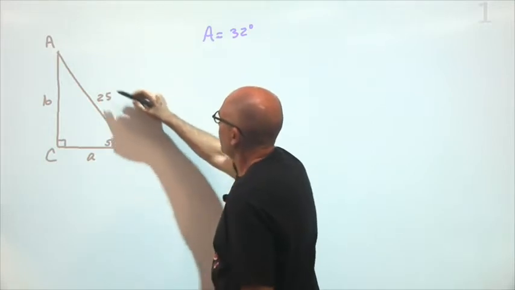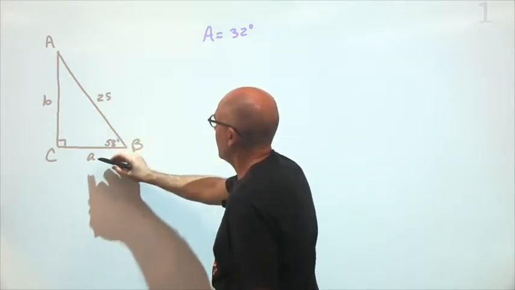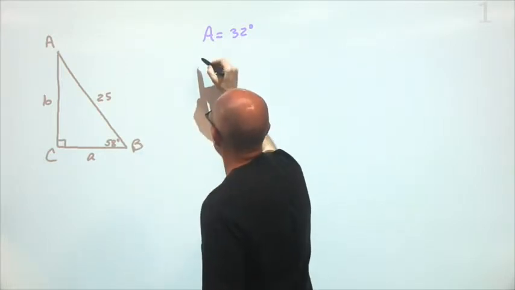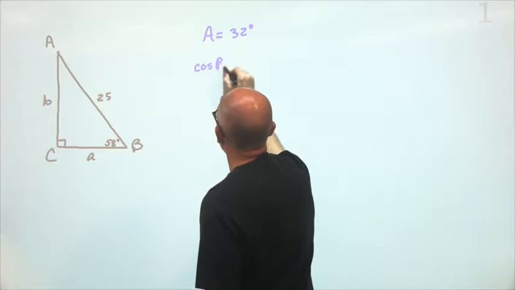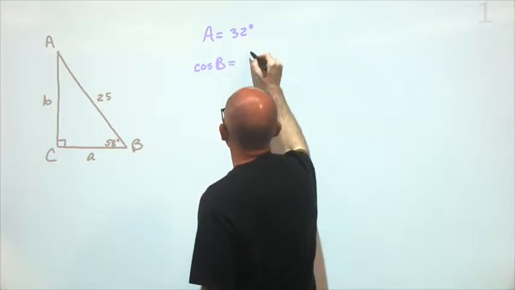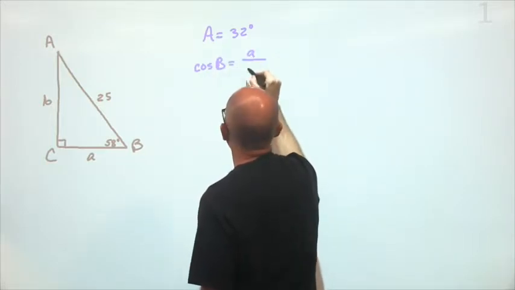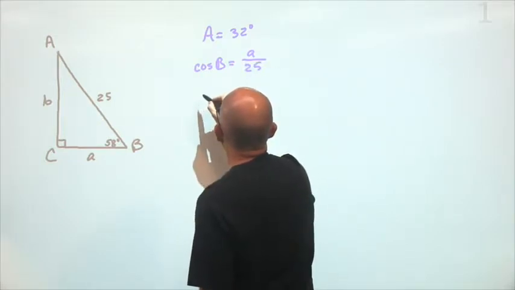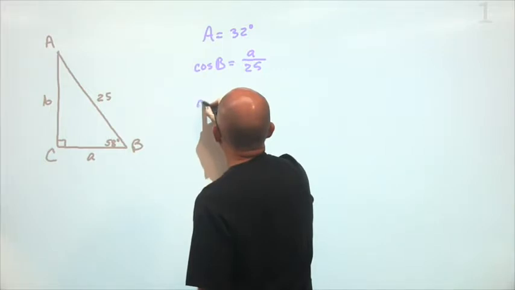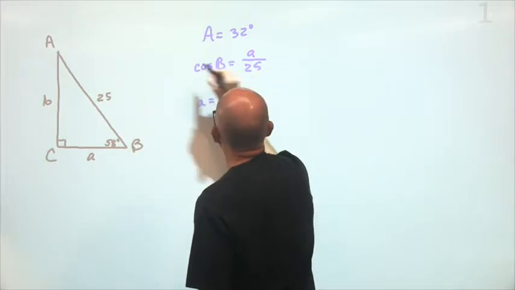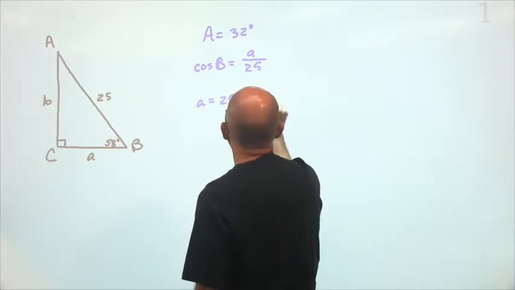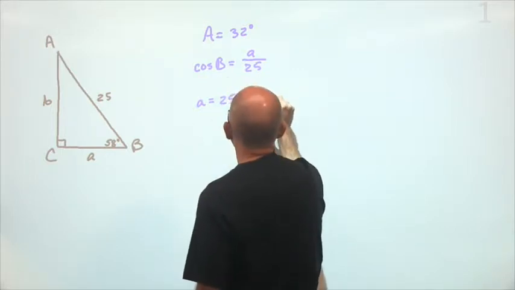Well, notice we've got the hypotenuse, but we don't have side A, so what we could do is take the trig function of B, cosine of B equals adjacent over hypotenuse. So that means A is going to equal, multiply the 25 over here, 25 cosine of angle B, which we know is 58 degrees.